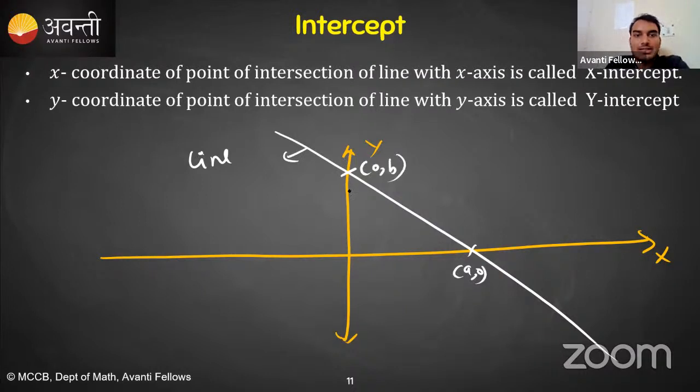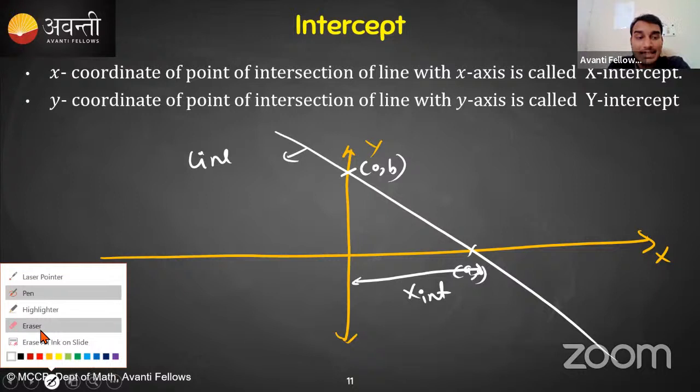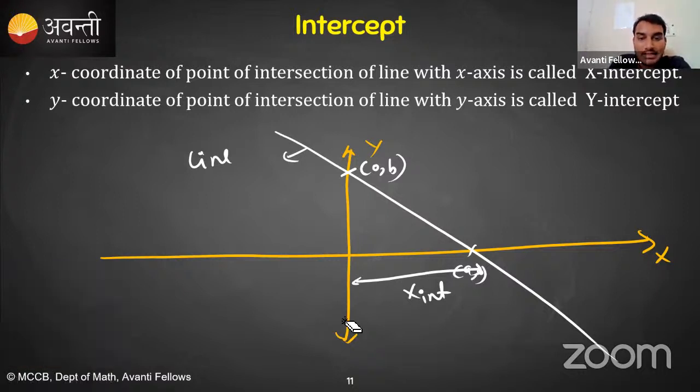Clear? So what is the x intercept? This is the x intercept. The x intercept is the x coordinate of the point of intersection of the line with the x axis.